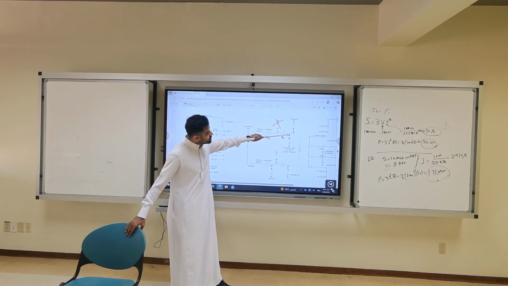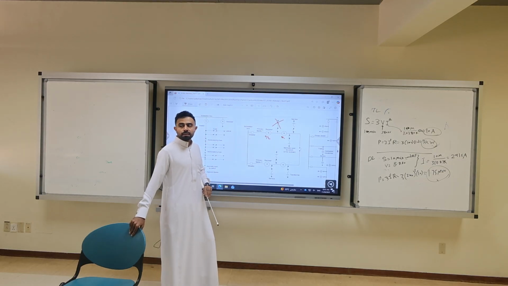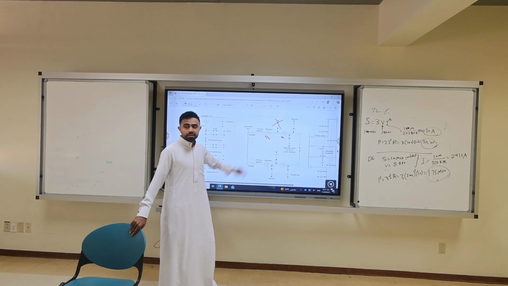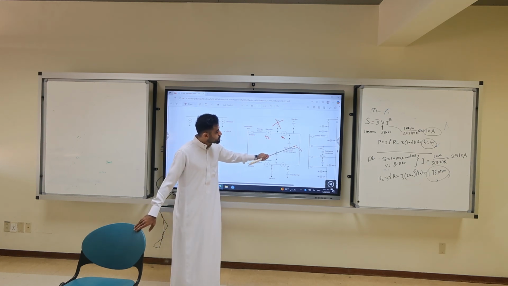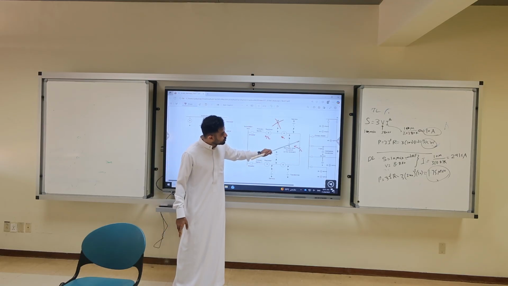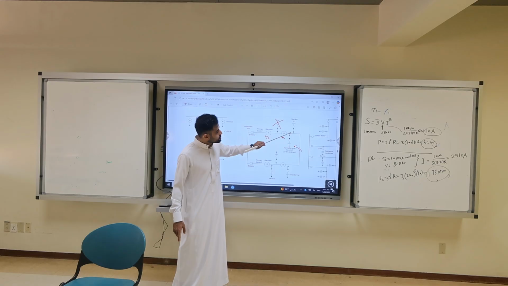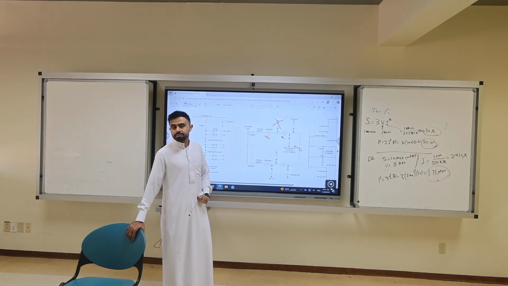What will happen to this load and this load? They will be out of service. So the operation will close this switch and get the electricity from feeder 2 to cover these loads. Now we improve the reliability of the system.